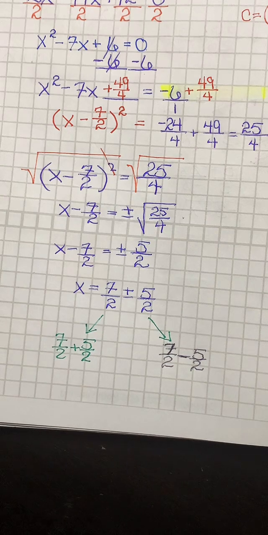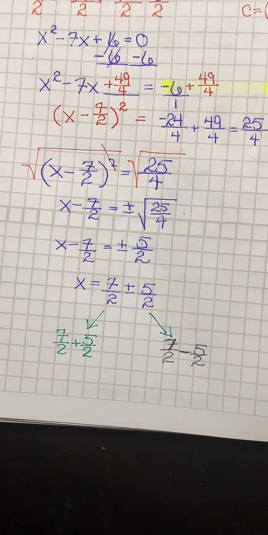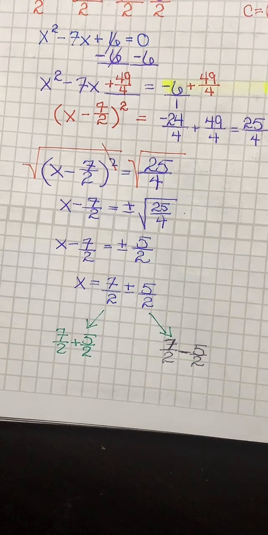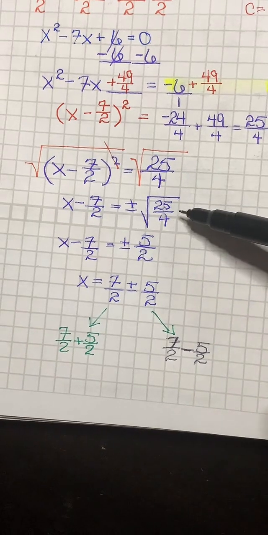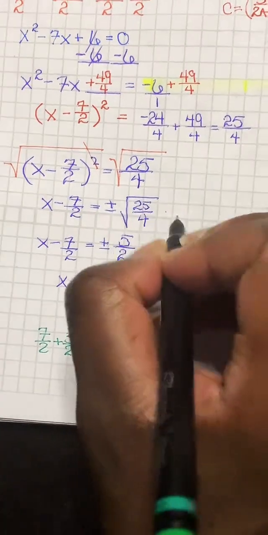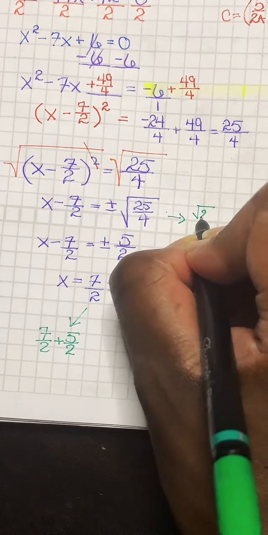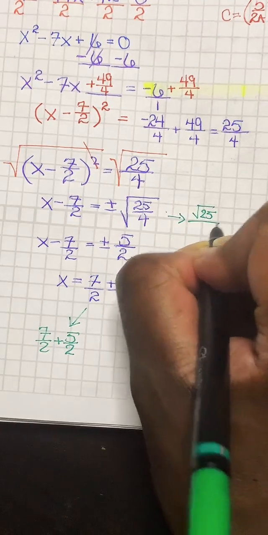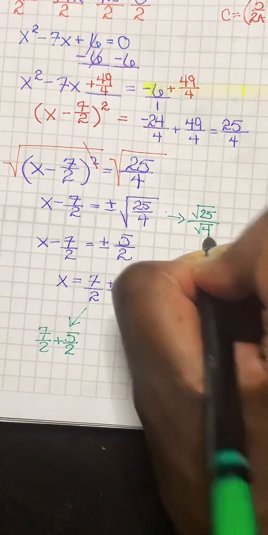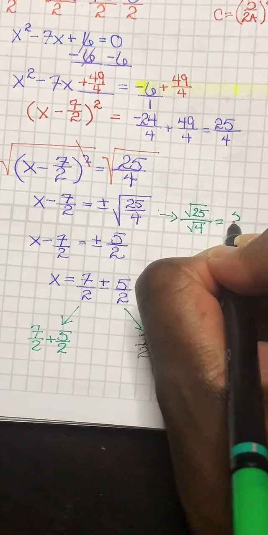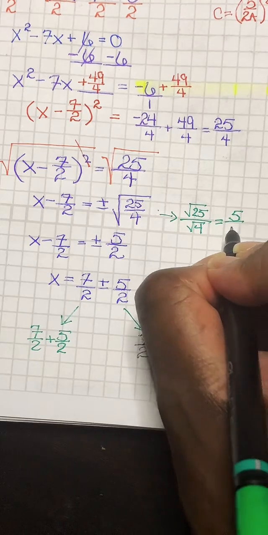So when we took the square root of this, it is the same as saying the square root of 25 divided by the square root of 4. And since they're both perfect squares, that's what got them out of the square root.